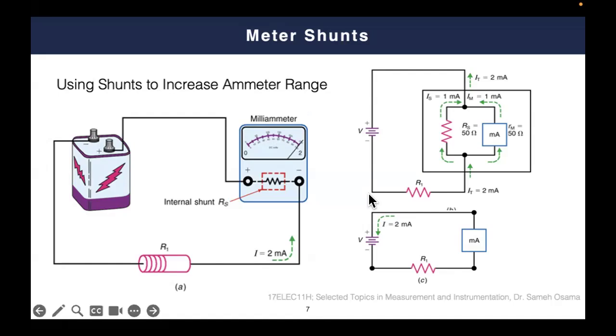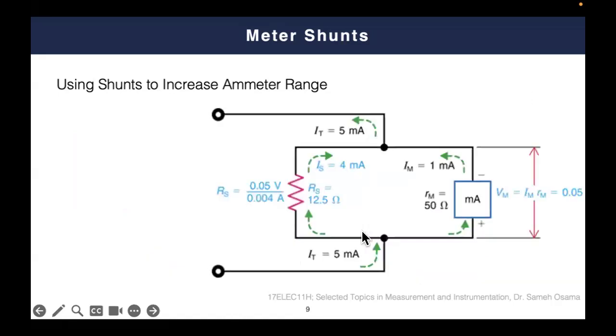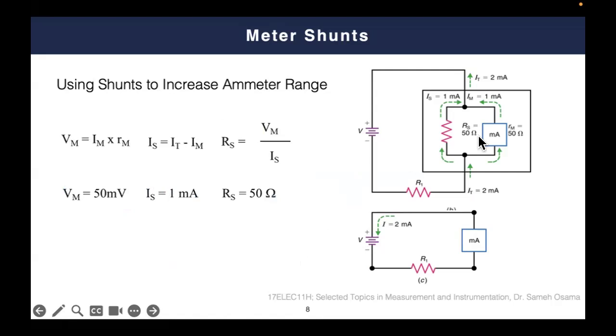If you use the first ammeter, which is this one, this ammeter includes a coil of equivalent resistance 50 ohm, and you add another shunt resistance in parallel, which is another 50 ohm. So the overall resistance of this ammeter is 50 ohm parallel with 50 ohm, which is around 25 ohm.